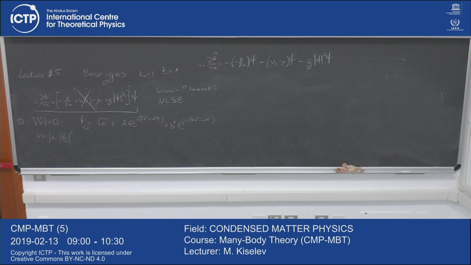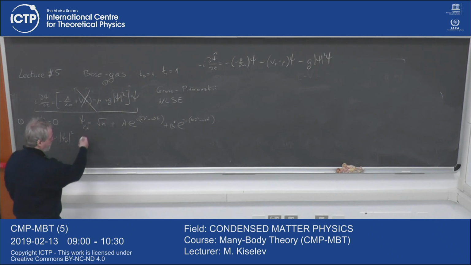So I have two monochromatic waves, and I will be looking for a solution of my Gross-Pitaevskii equation in the absence of confining potential in this form. Okay?